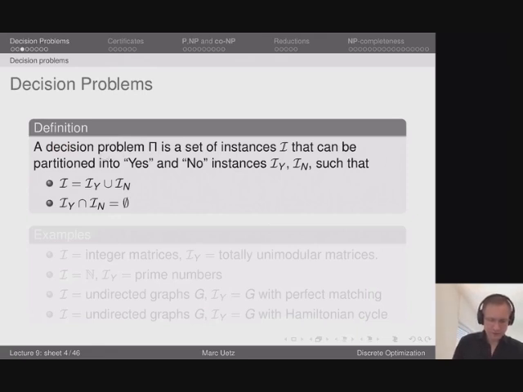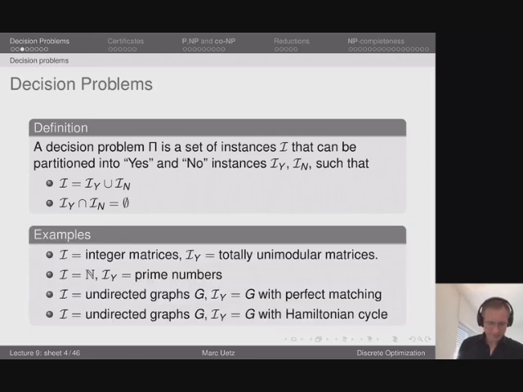So we define a decision problem pi as a collection of instances of that problem that are partitioned into 2 classes, yes or no instances, denoted by curly I yes, the yes instances, and curly I no, the no instances, such that this is a real partition. So every instance is either yes or no, and no instance can be a yes and no instance at the same time. Okay, so let's look at some examples to make that a bit more practical.